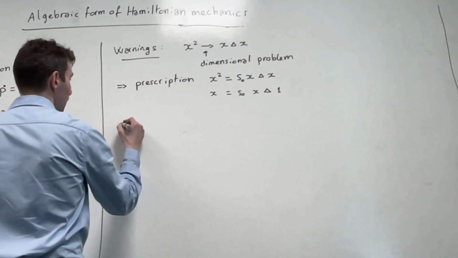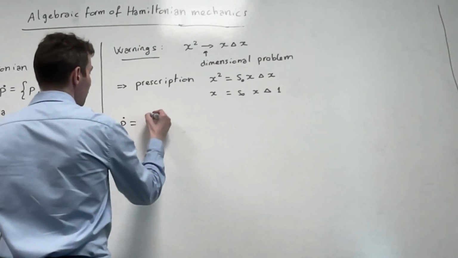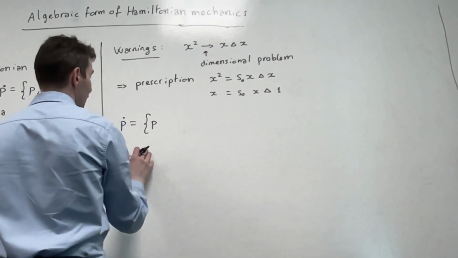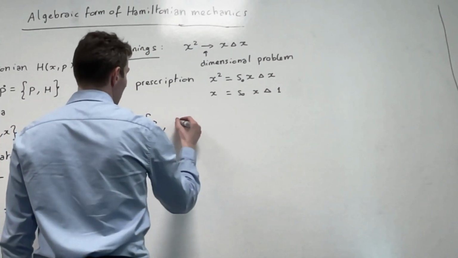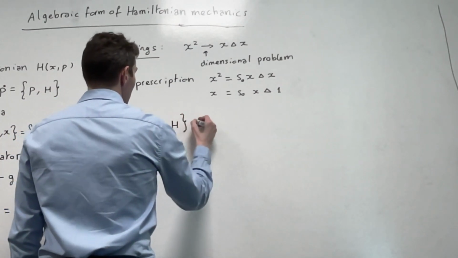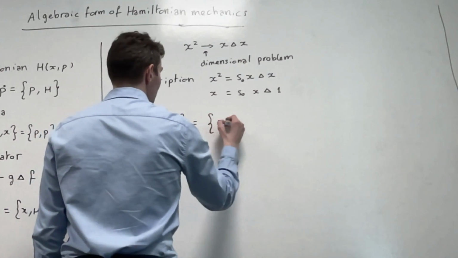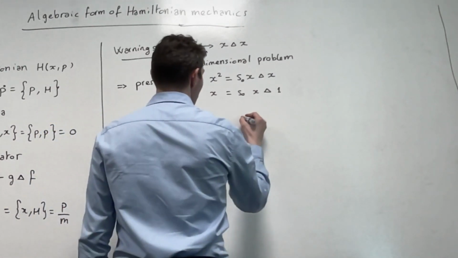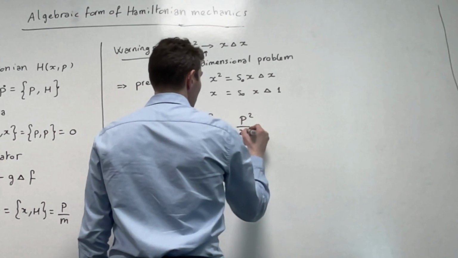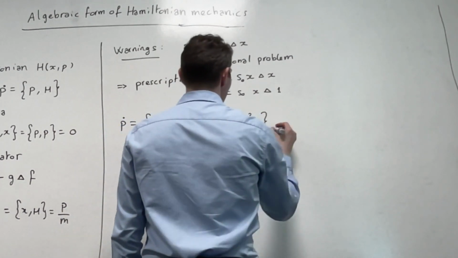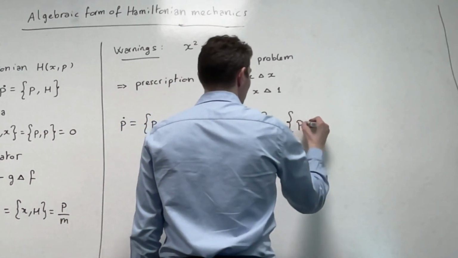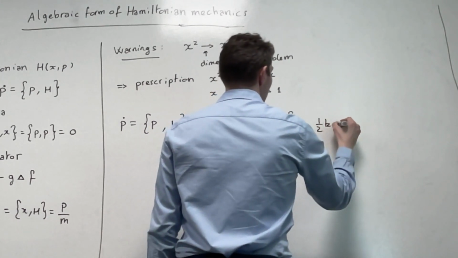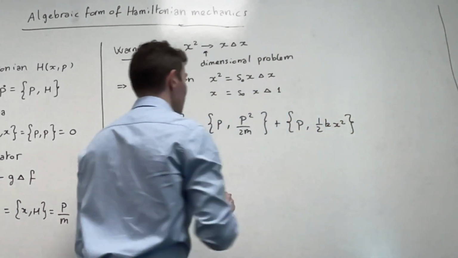Okay, that's the idea. So if we assume this kind of thing to be true, then we can move on to find out, therefore, p dot is equal to the Poisson bracket of p with H. And so that's going to be the Poisson bracket of p with p squared over 2m plus the Poisson bracket of p with half k x squared.